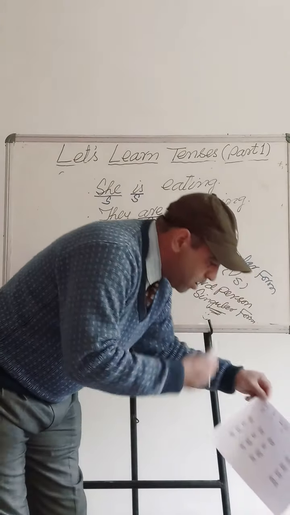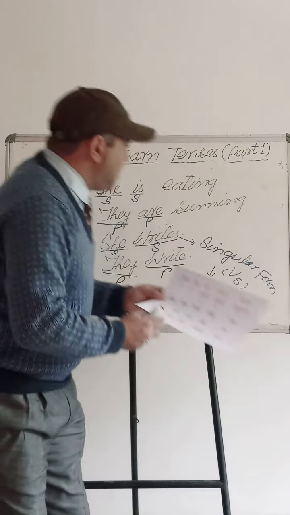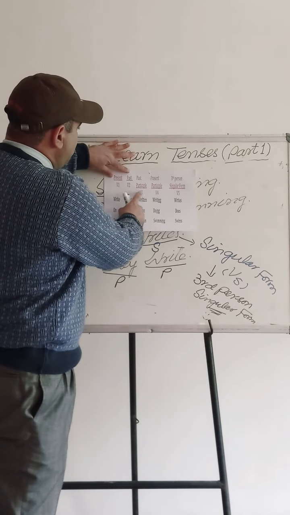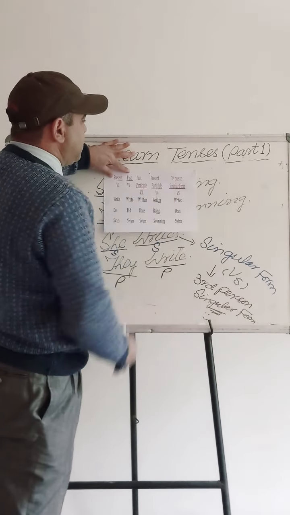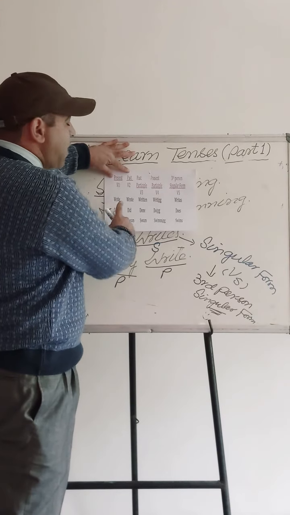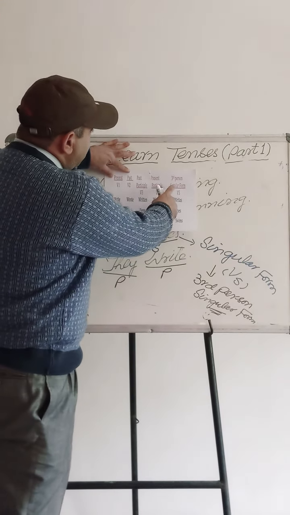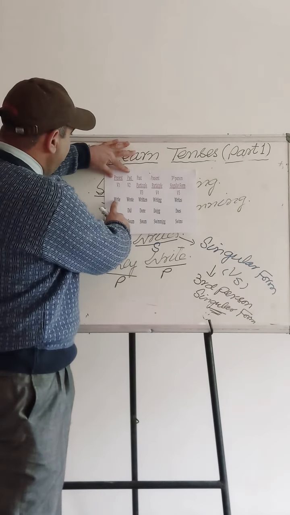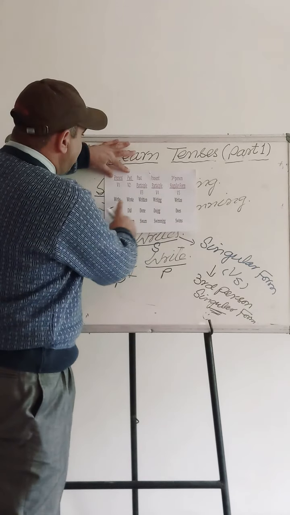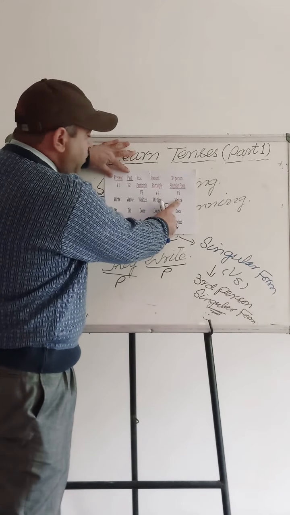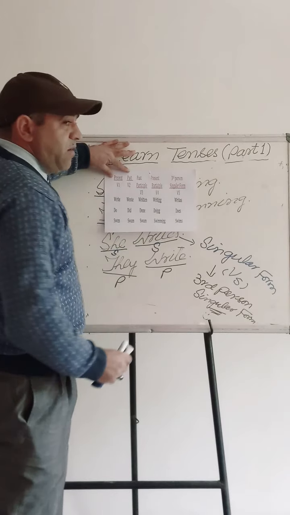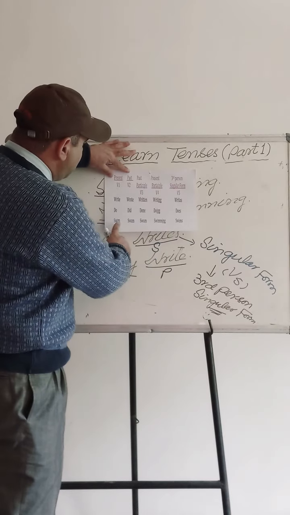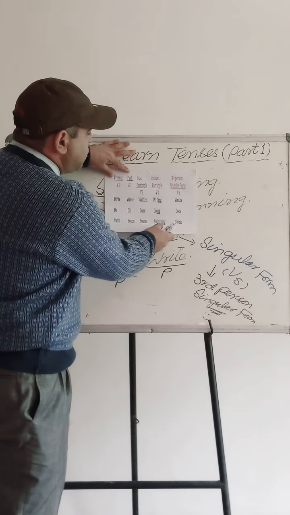Let us conjugate some verbs. Here is the V1 form, V2, V3, V4 and V5, the third person singular form. Write: we frame the V5 form by adding s. Writes. Write is plural, writes is singular. Do, does: here we have suffixed es. Swim is plural and swims is singular.